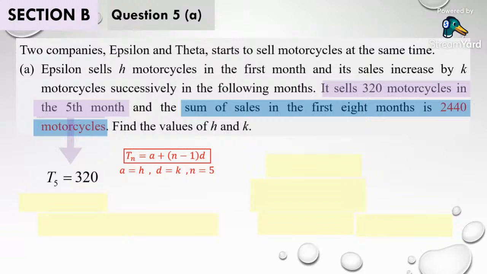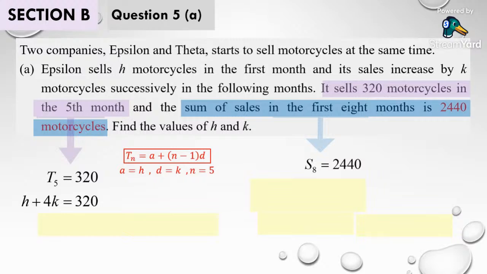Using the arithmetic progression formula for Tn, where a is H, d is K, and n is 5, we substitute accordingly. We have H plus 4K equals 320. I'm not sure how best to rearrange it yet, so I leave it in this form first and go for the next piece of information.